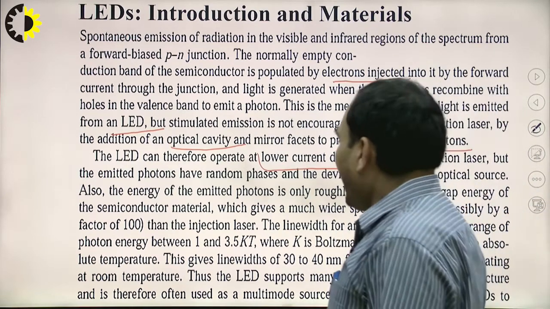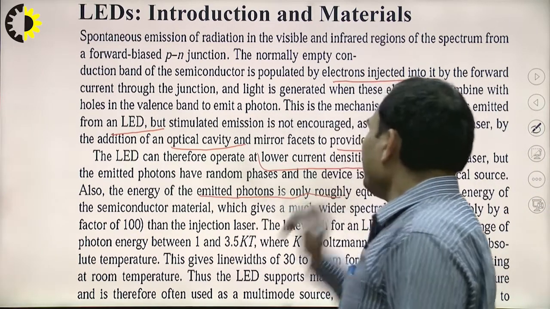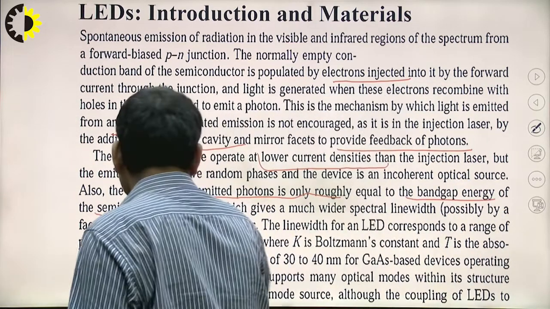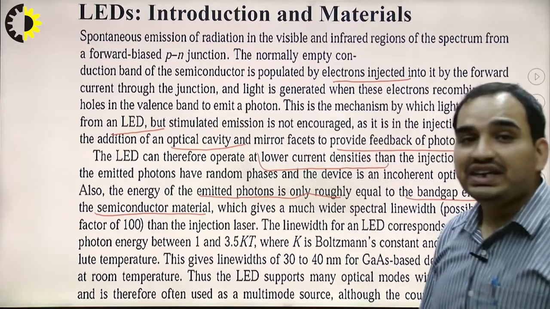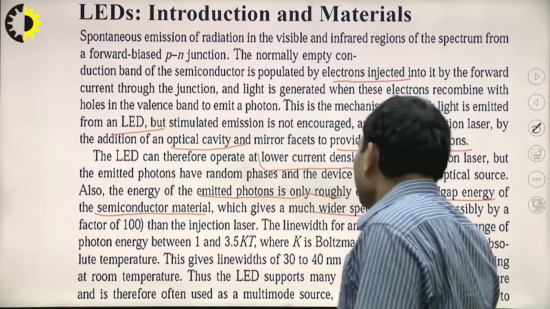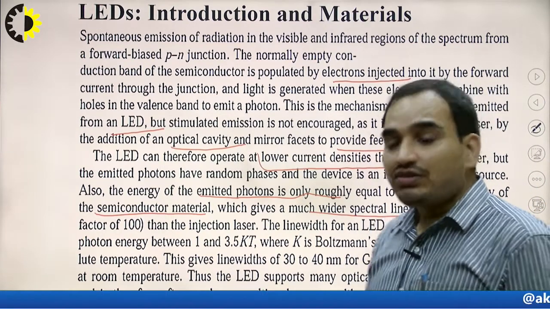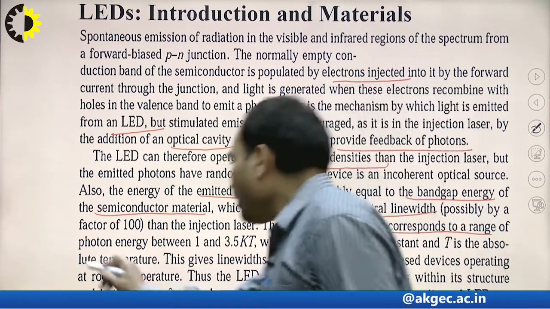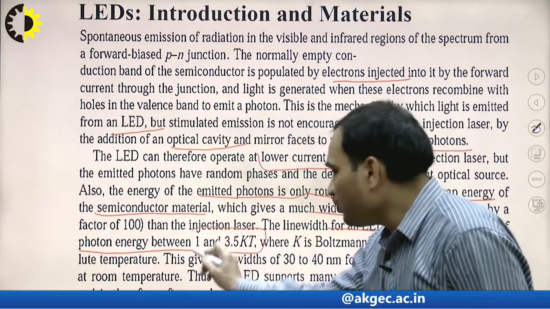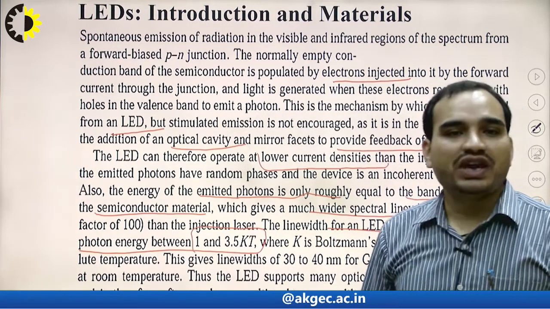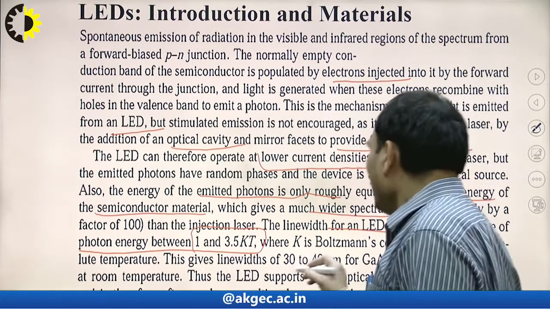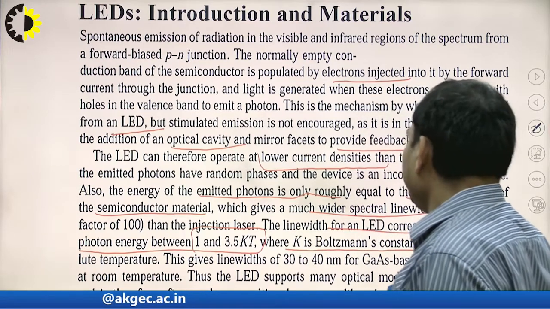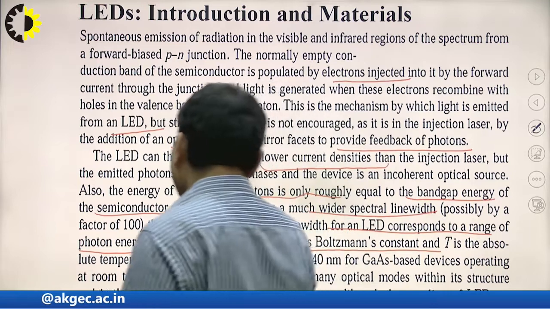Also, the energy of the emitted photons is only roughly equal to the band gap energy of the semiconductor material, which gives the wider spectral line width. The line width of an LED corresponds to the range of the photon energy, ranging from 1 to 3.5 kT, where k is the Boltzmann's constant and T is the absolute temperature.